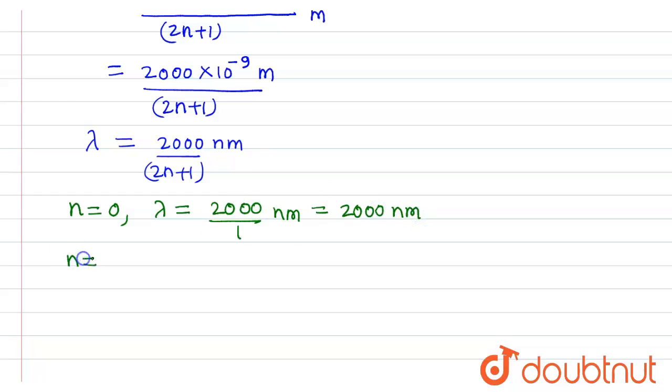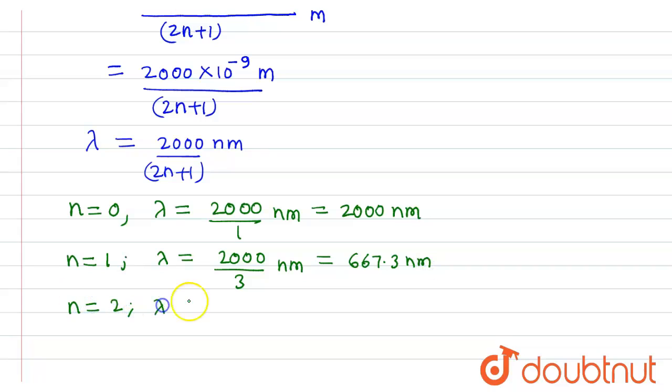If we put n equals 1, lambda will be 2000 upon 3 nanometer, that means 667.3 nanometer. If we put n equals 2, then lambda will be 2000 by 5 nanometer, that means 400 nanometer.